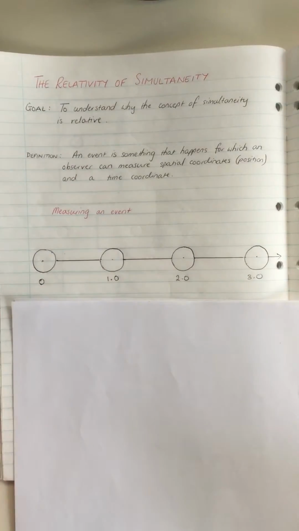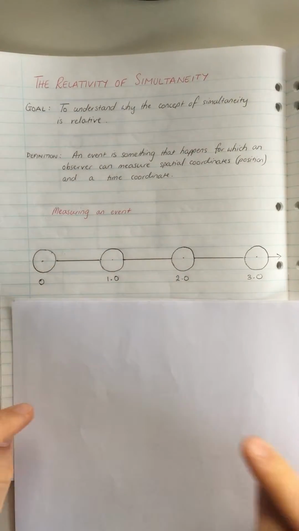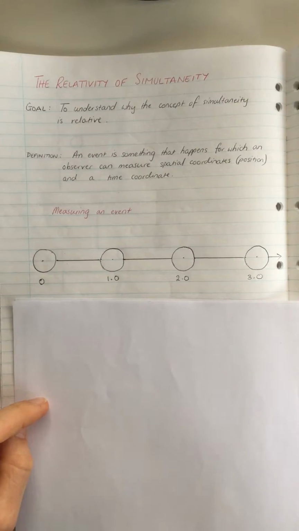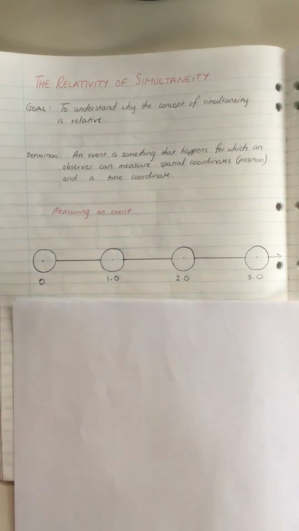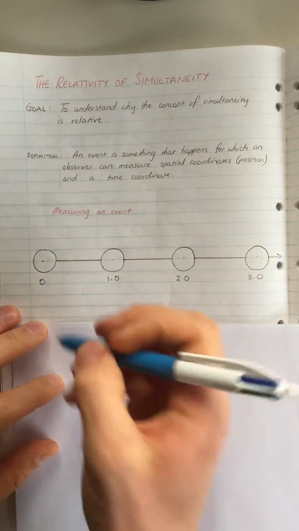To be able to make these measurements, we're going to ignore the practicalities and just imagine a theoretical situation where you can have these clocks, so that if anything occurs, we can say it happened at this point and at this time. But in order to say what the time is, we need to be able to synchronize our clocks.